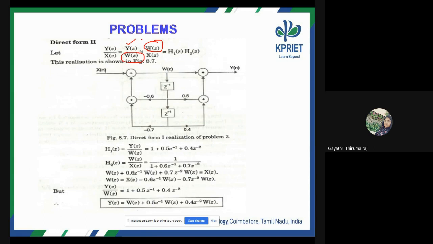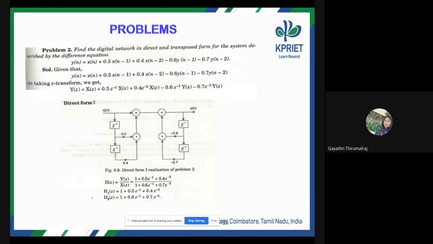The first term will be your new transfer function h1 of z, and the second term will be the transfer function h2 of z. So you're getting two transfer functions when you introduce a new variable. How can you draw this realization structure using the new variable? First we'll see that. For direct form 1, we have obtained h1 of z and h2 of z.